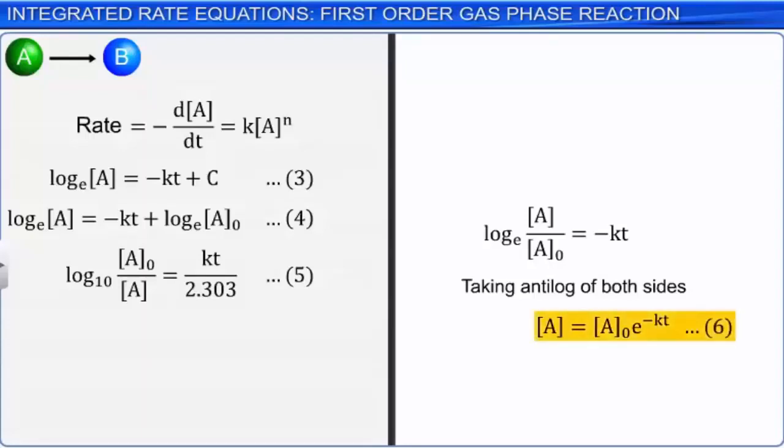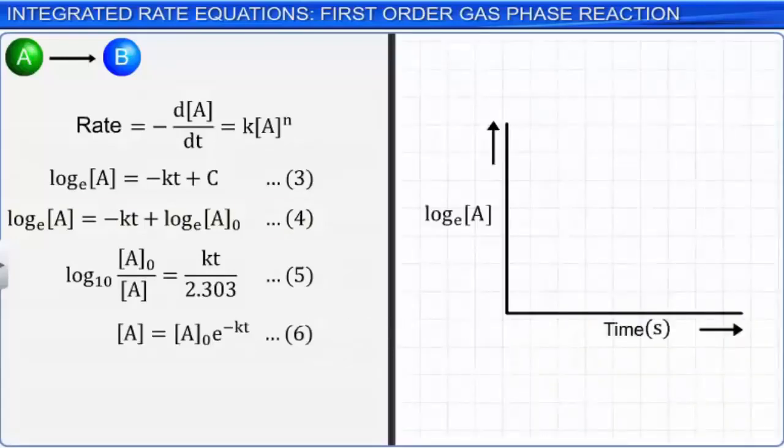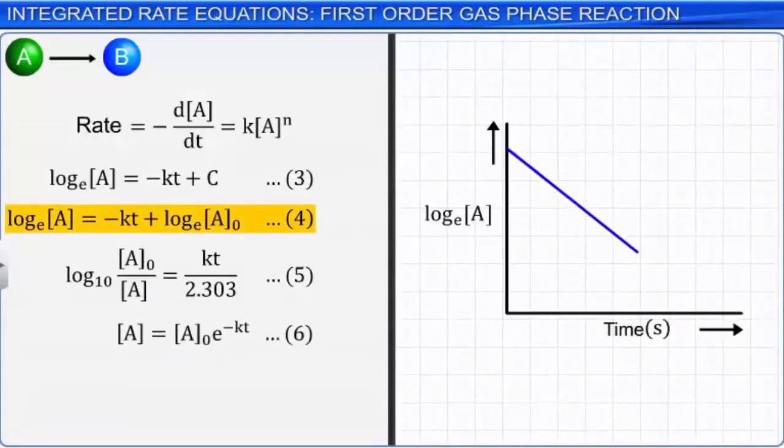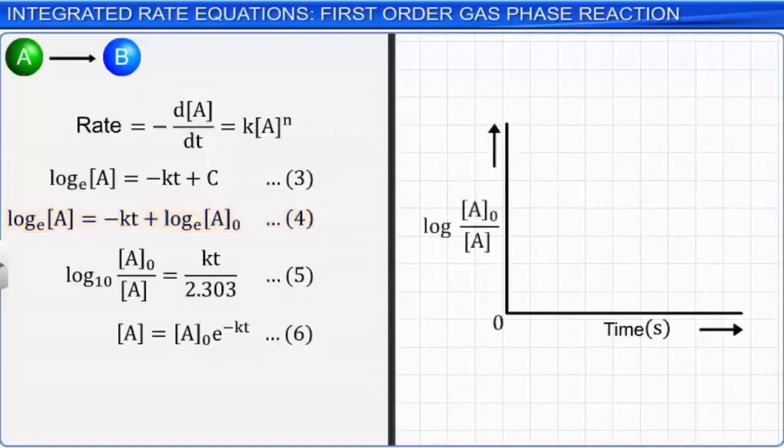If we plot equation 4 on a graph, then we get a straight line with the y-intercept as log initial concentration [A]0 to the base e and slope as minus k. If we plot equation 5 on a graph, we get the graph as shown here.